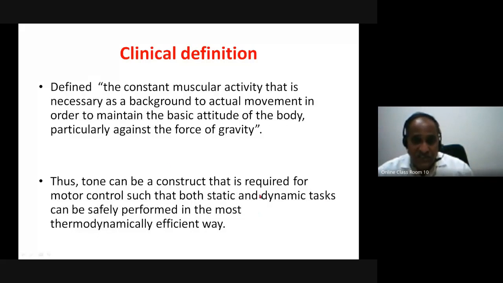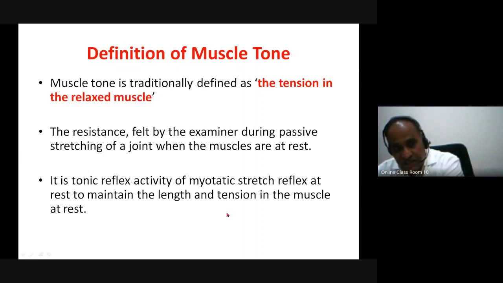In both states, it should have some amount of a basic requirement base, over which the muscle can contract and perform the action most efficiently, especially in the thermodynamic aspect. That is the definition of muscle tone.